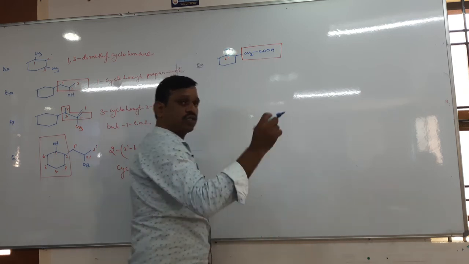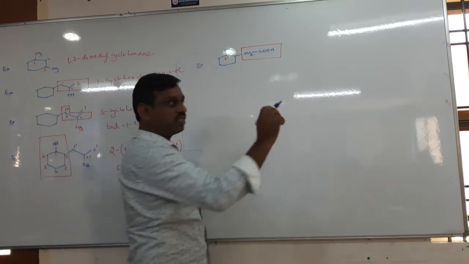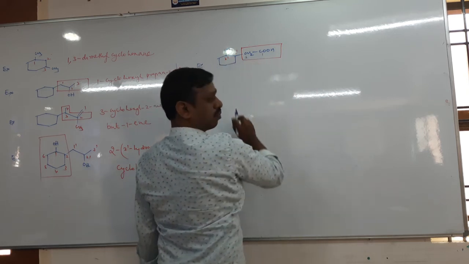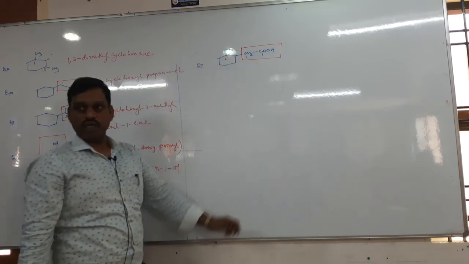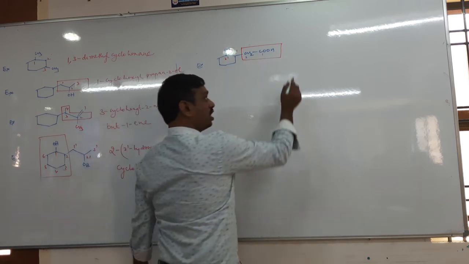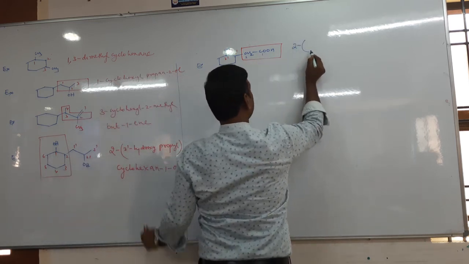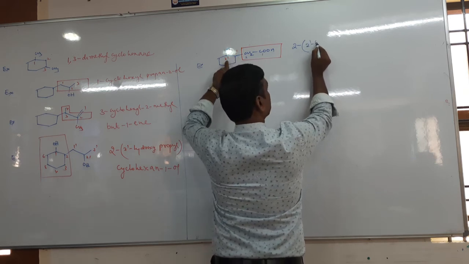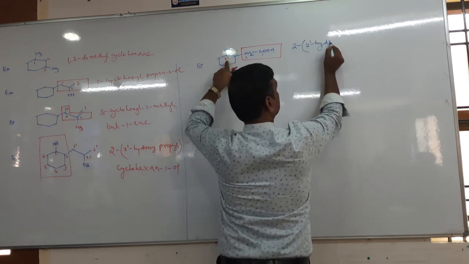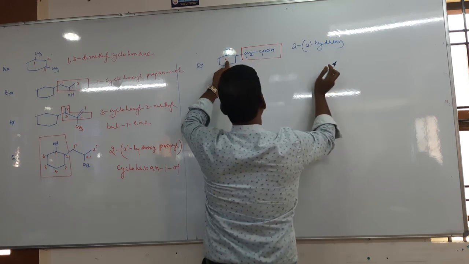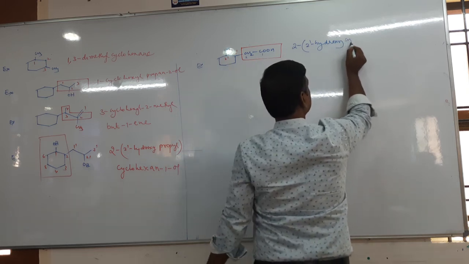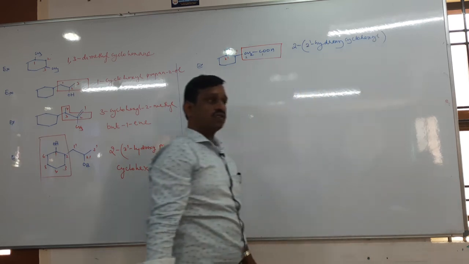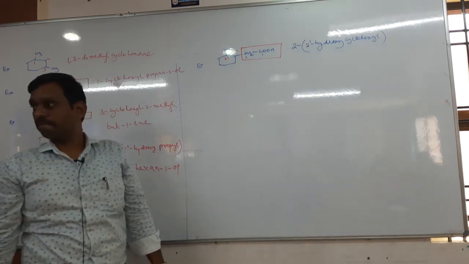Again, the same rule we have studied in alkane nomenclature. Write the side chain. In the parent chain, carboxyl group is 1, then 2. On the second carbon, okay, then it is 1 prime, 2 prime. 2 prime hydroxy cyclohexyl, not alkyl, cyclohexyl.